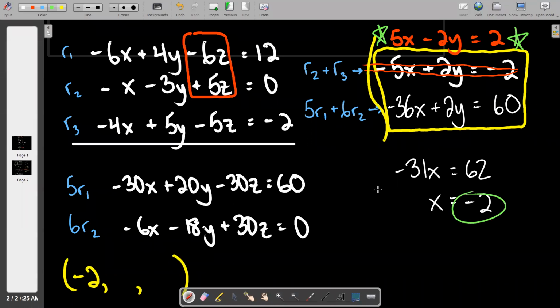So what's 5 times -2? So I have -10 minus 2y equals 2. Add your 10 across, you get -2y equals 12. Divide by -2, you get y equals, and I can now add a second piece to my solution. And finally, now, how will I solve for z?